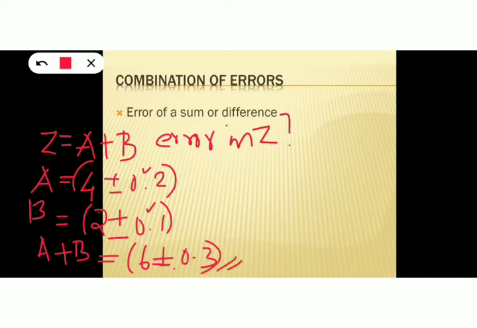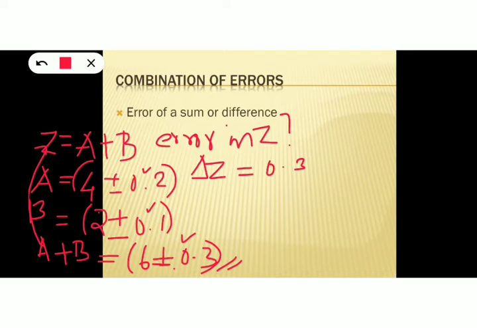So this is A plus B. What is the error in A plus B? The error in A plus B is 0.3. A plus B is equal to Z, and the error in Z is denoted by delta Z. So the error in Z, delta Z, is 0.3.